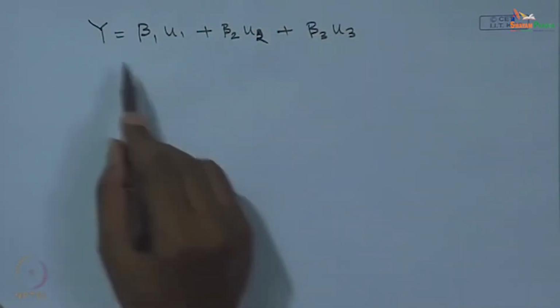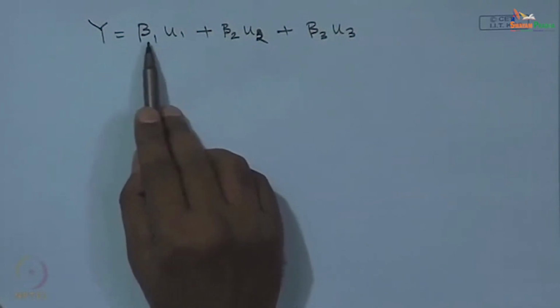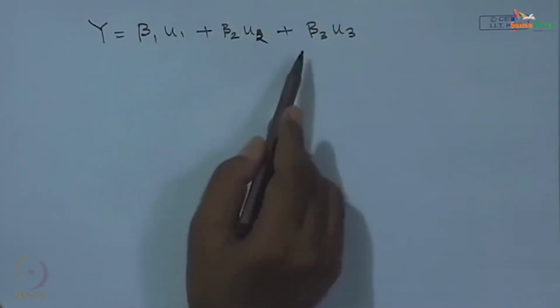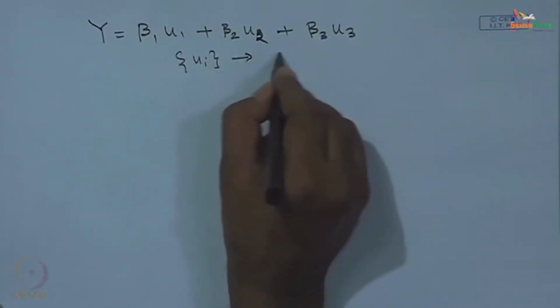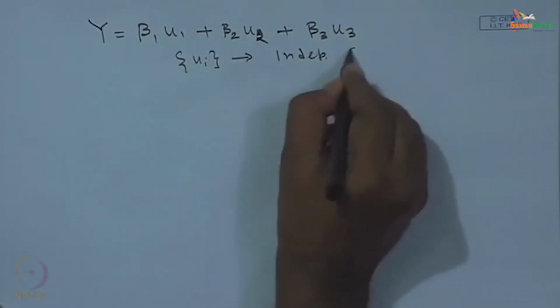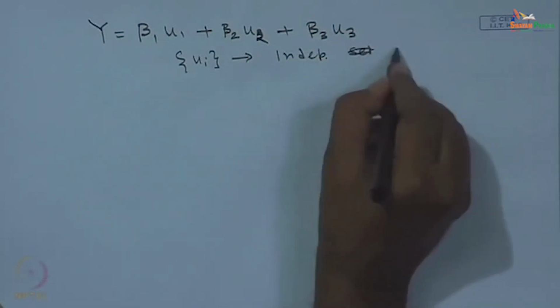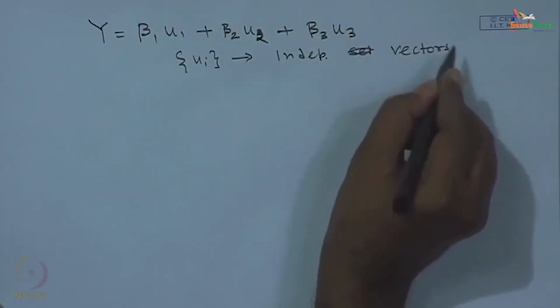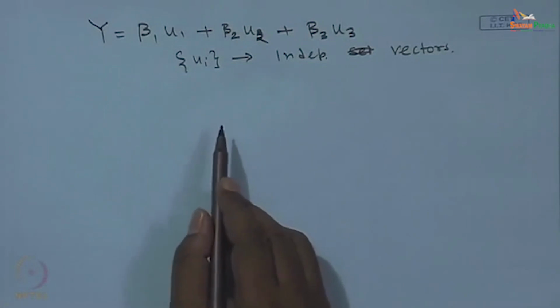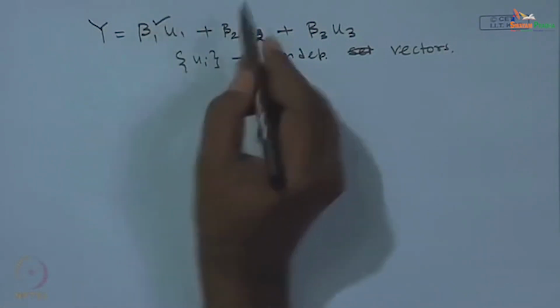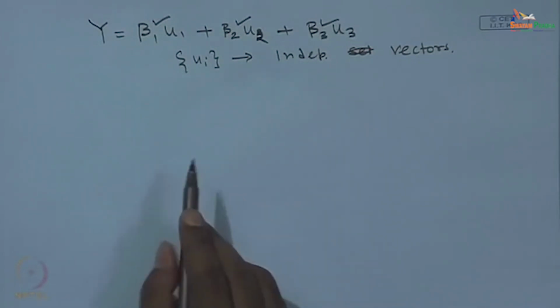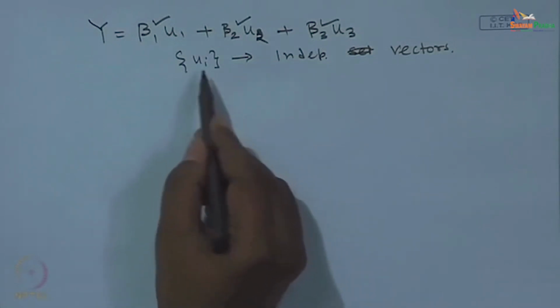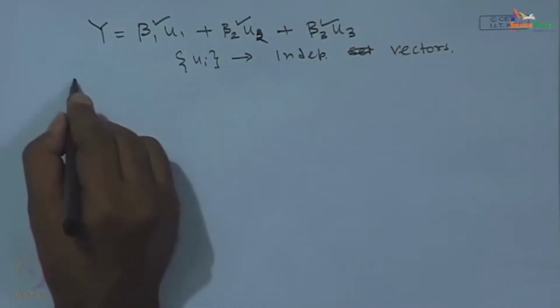Any fourth vector can be expressed as a linear combination of the basis set vectors, where u1 to u3 constitute the independent vectors. And we have seen earlier in this class how to determine the coefficients beta 1, beta 2, beta 3 if and only if these basis set vectors are mutually orthogonal to each other.